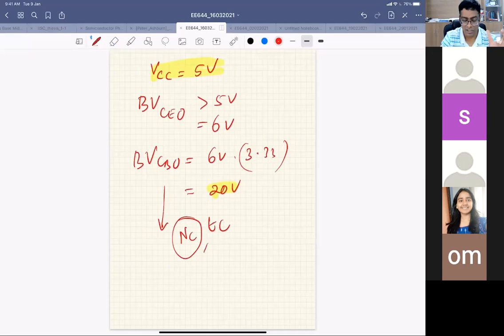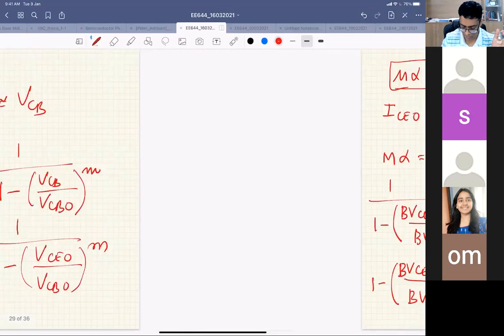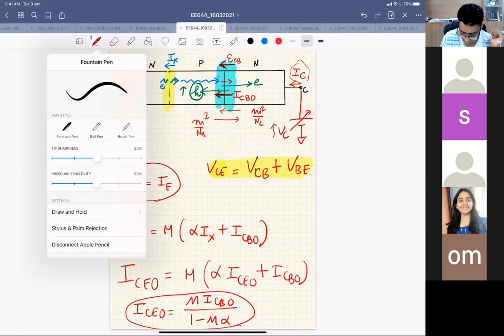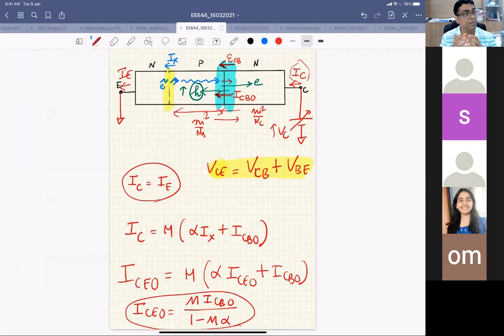Let's say your beta is very high, right? How will you make your beta very high? You will make your beta very high by reducing the base width, right? If you reduce the base width, and you are injecting electrons and holes into the base, and hole is collected in the base, so the base potential is increasing.